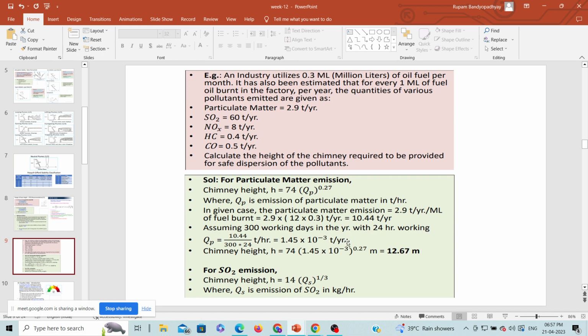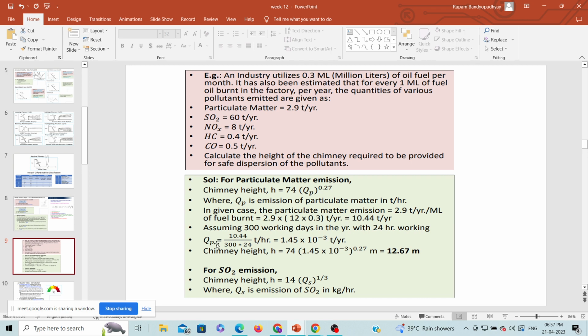Here there is a typing mistake, so this will be ton per hour, not year. It is considered as 300 working days and a 24-hour working period. So for the QP value, you calculate how many hours there are in a year, and the total tons of emission is divided by the total hours.